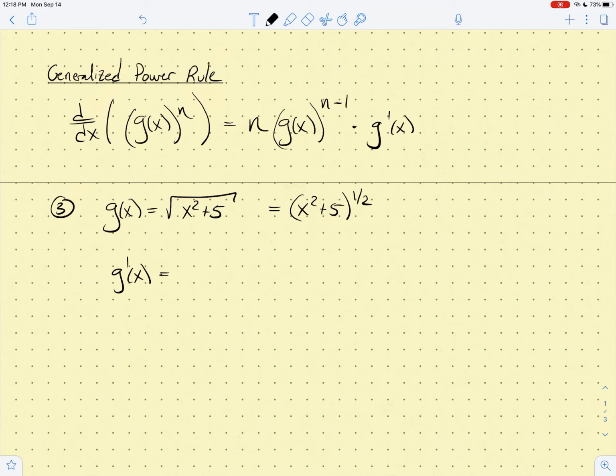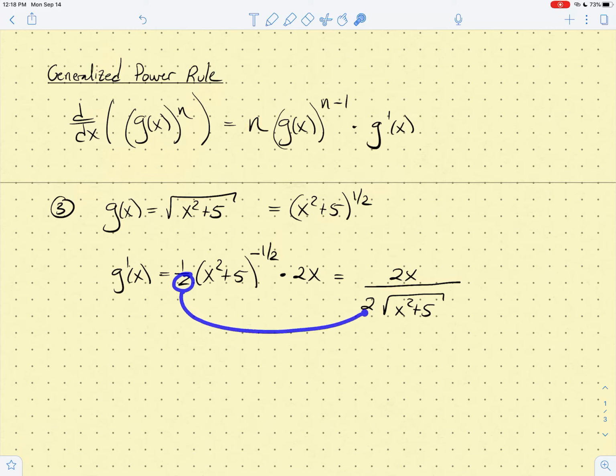So you get 1/2 times x squared plus 5 to the minus 1/2 times the derivative of the inside, which is 2x. And so this becomes 2x over 2 square root of x squared plus 5.